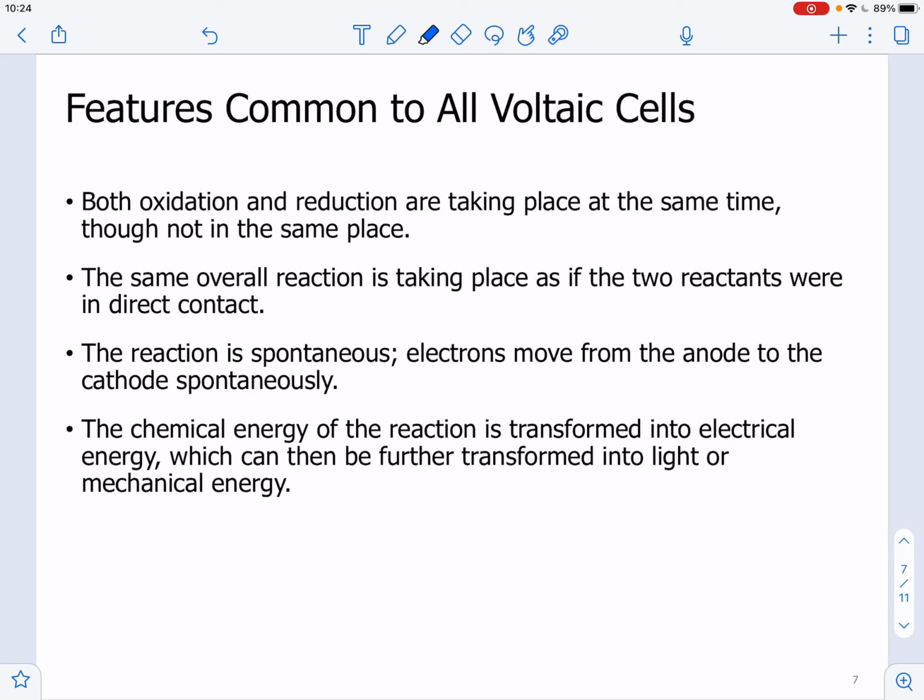The half reactions are happening in different containers, but because you can guarantee the flow of ions and the flow of electrons, then those reactions are still happening. That reaction is going to happen as if those reactants were in close contact. If you were conducting the reaction in the same container, the same reaction will still be happening if you have it separated.